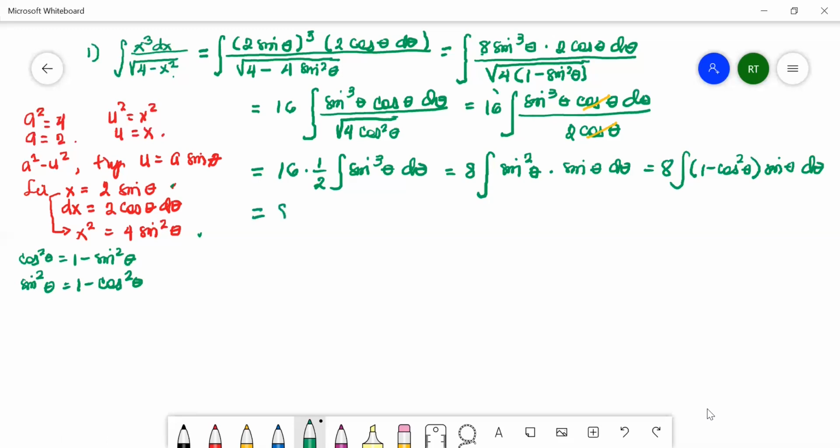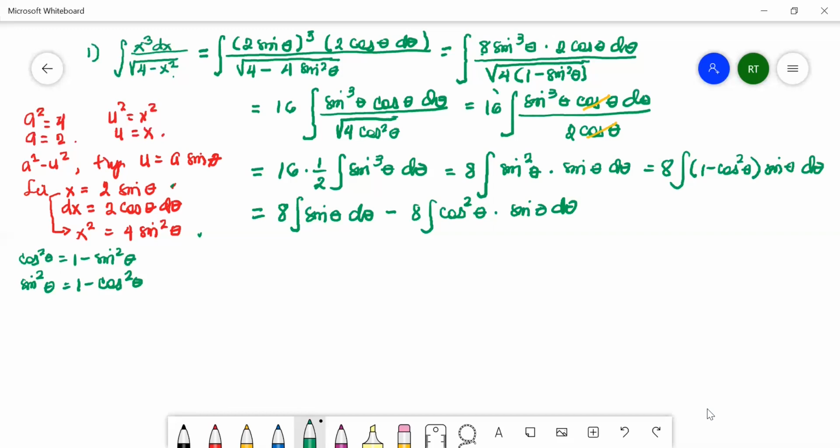Therefore, we will have 8 times the integral of, 1 times sine of theta is sine of theta, times the differential of theta, minus 8 times the integral of cosine square of theta times sine of theta d theta. Now, in the first integral, we can evaluate this by using the formula integral of sine of u du is equal to negative cosine of u.